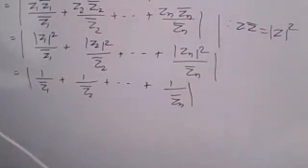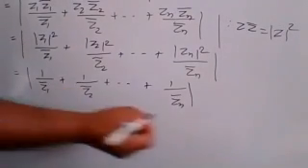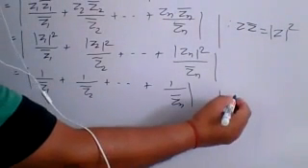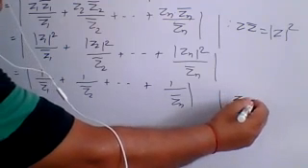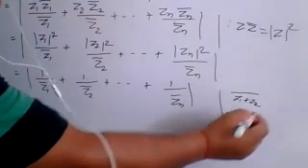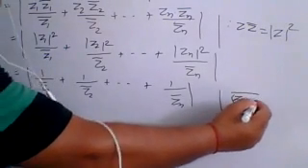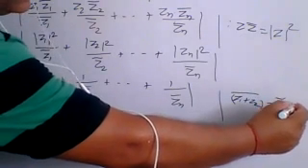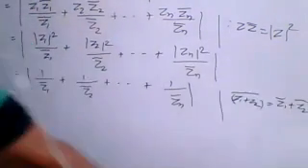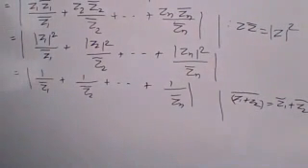Also you have another property: the conjugate of Z1 plus Z2 is equal to conjugate of Z1 plus conjugate of Z2. You know this property.